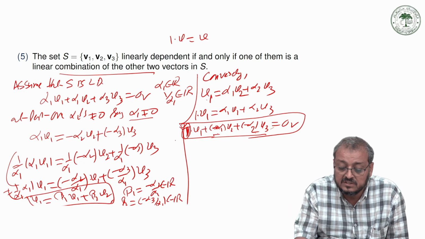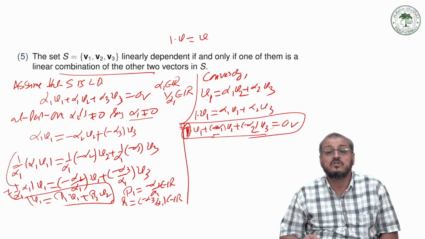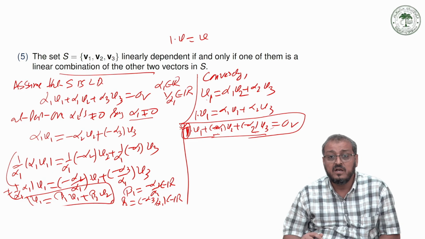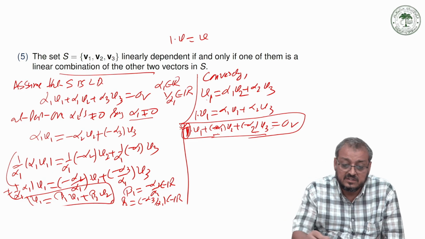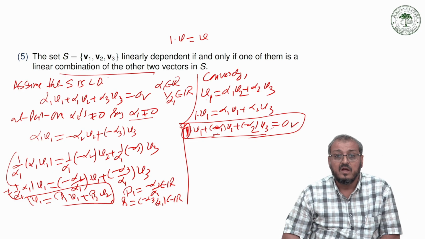So at least the coefficient of the first vector is 1, and in this case we can say that these three vectors are linearly dependent.